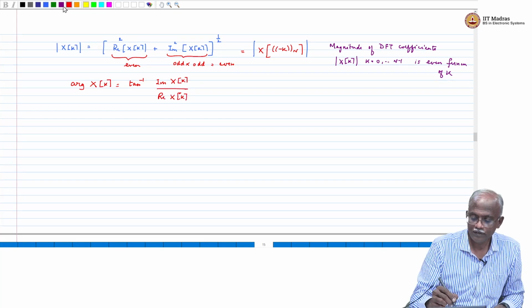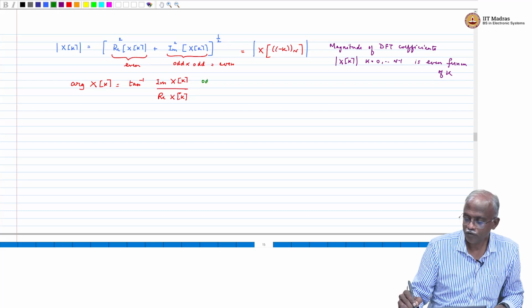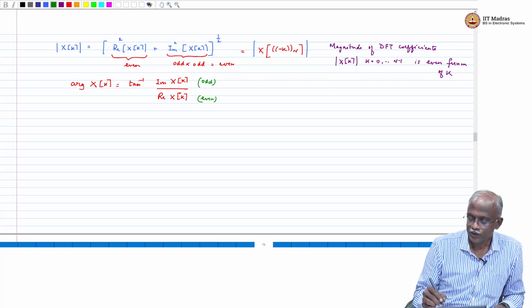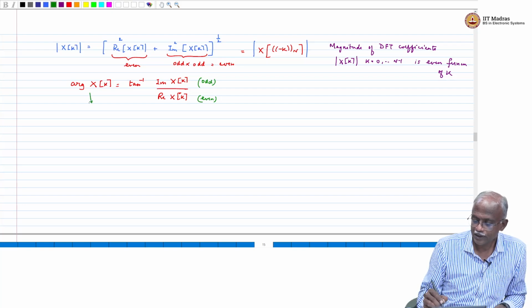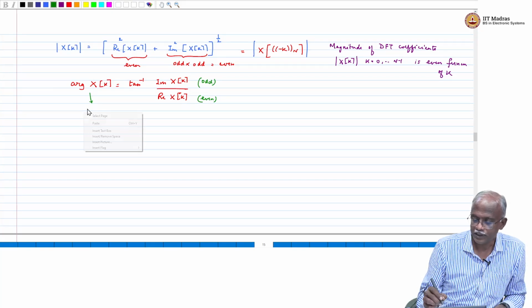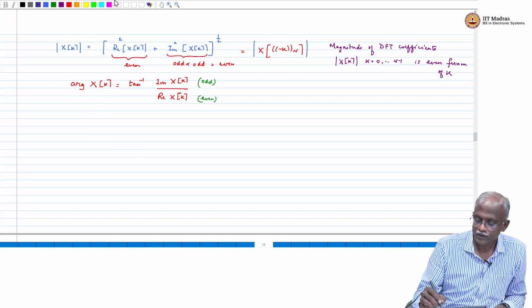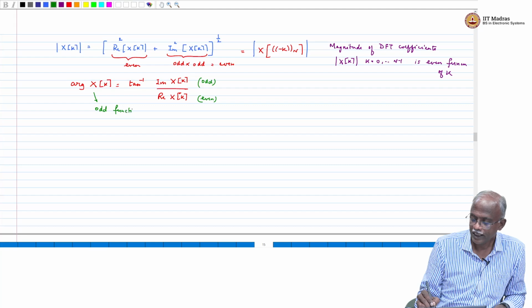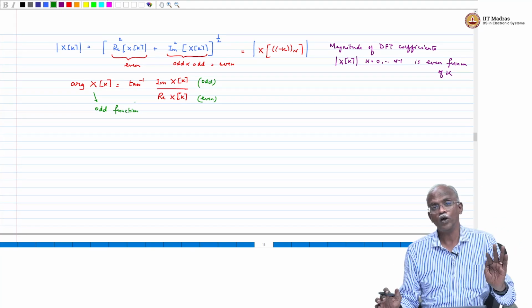So what you have here is an odd function divided by an even function. So therefore the argument turns out to be an odd function. Okay, the magnitude is an even function, the argument is an odd function.